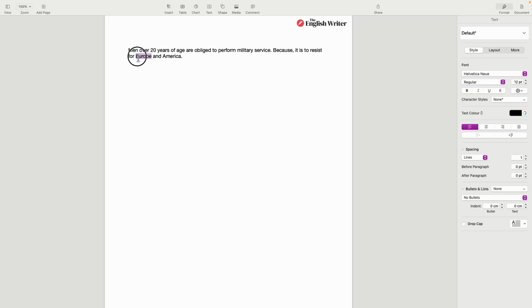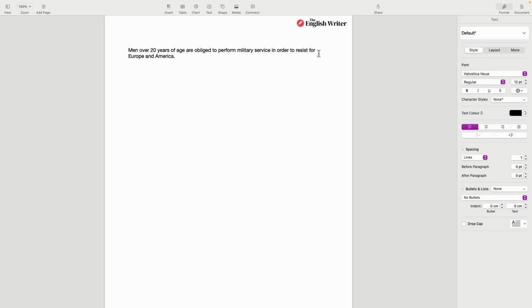Europe, I think, is much neater and it's clearer. But again, that could be more accurate. So we'll leave those. But is to resist for America. I would actually probably, if I was correcting this, I think it's more of a purpose. They join the military service in order to resist.